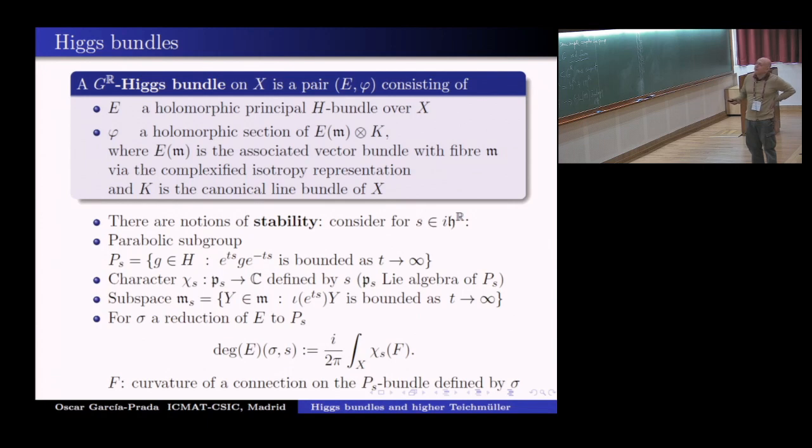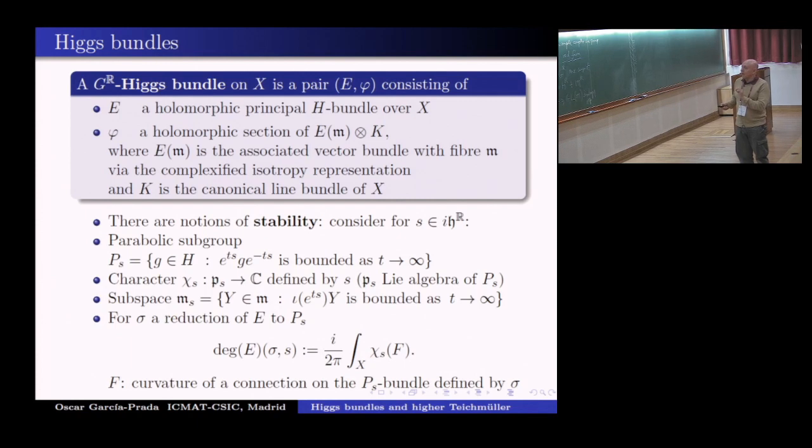Now, if I have a reduction of the structure group of E, remember that E is an H bundle, to P_s, then I can define the degree of E with respect to this reduction and with respect to this element s that I am choosing, by taking the curvature of a connection on the P_s bundle and then applying the character.